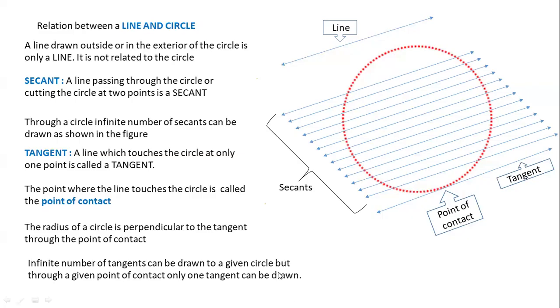But through a given point of contact, only one tangent can be drawn. If I ask you how many tangents can be drawn through this point, this is the only tangent. Any other line which passes through will become a secant. So only one tangent can be drawn through a given point of contact.